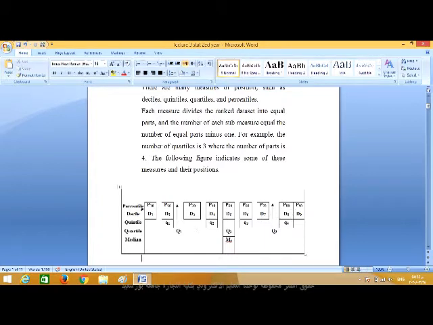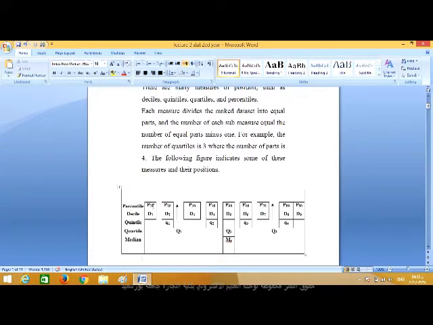Okay? The last one is percentile. Percentiles divide the data set into 100 equal parts. Okay? And the number of percentiles is 99. Okay? So every part equals 1% of the data set.